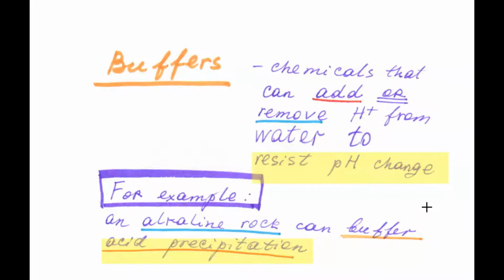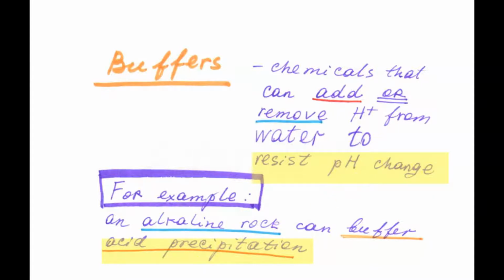What we have to keep in mind, however, is that these buffer systems, such as alkaline rock or the ocean water, have only so much resilience, so to speak. And it's very easy to deplete the ability to resist pH changes if we put too many pollutants in our environment. So we can overwhelm the natural buffer systems, and they will not be able to resist the pH change any longer.